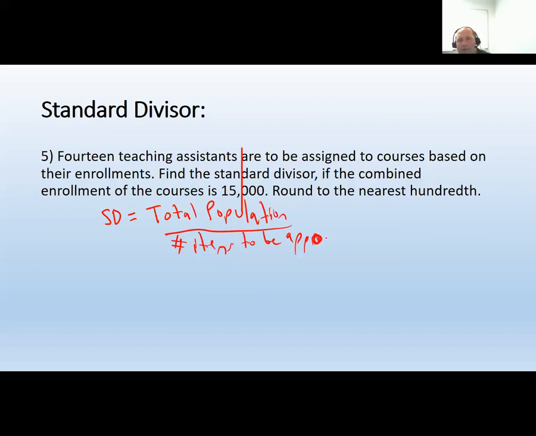And so we just have to do that on this problem. On this problem, we've got 15,000 divided by 14. These vertical lines sometimes pop up when I'm writing on this drawing pad, but so what do you get when you divide 15,000 by 14?